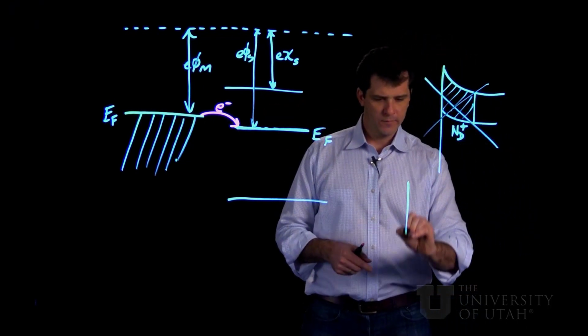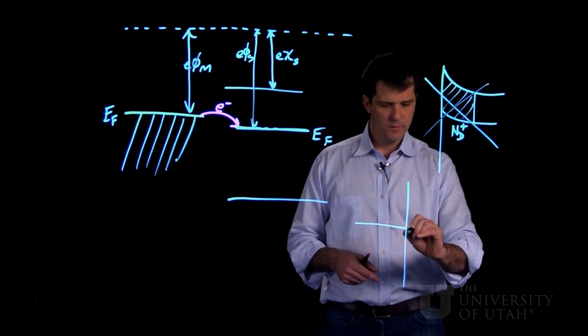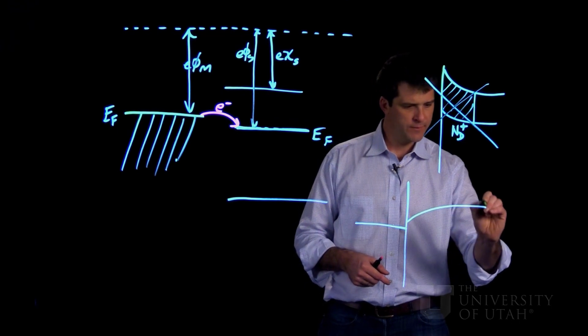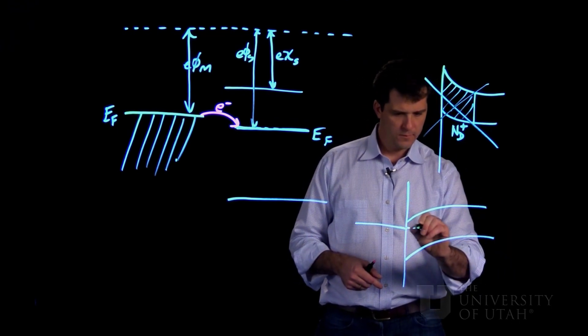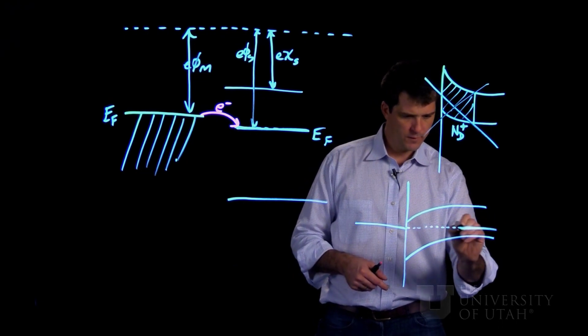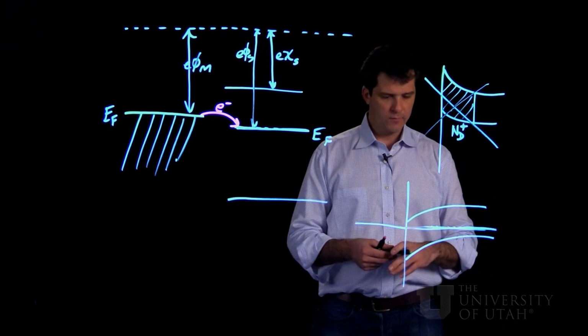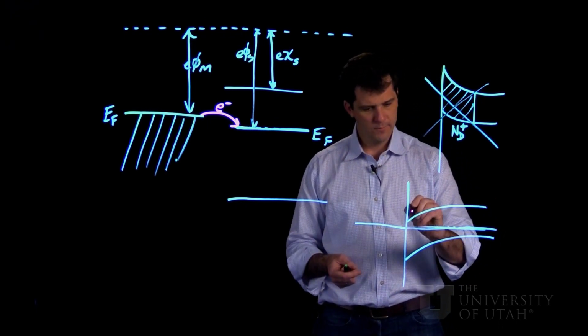In this case, because we're transferring the electrons, the semiconductor bands are actually going to bend down towards the interface, even though we're in an N-type material. And what this really means is that there's an accumulation of extra electrons in this region.